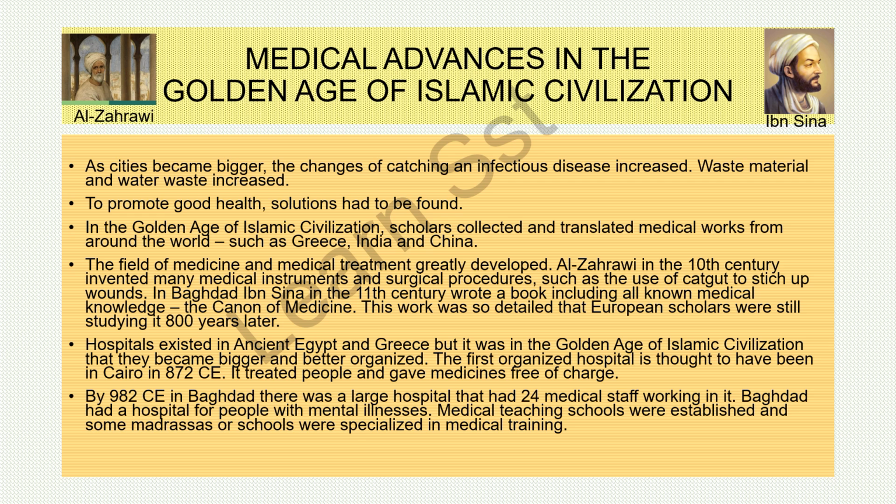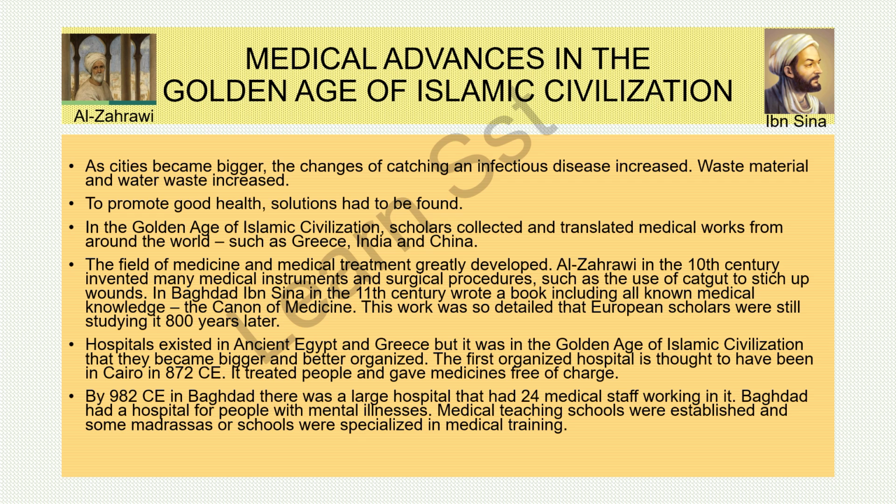Because there was a lot of collection of knowledge from Greece, India and China, and not only the collection of knowledge, but it came along with the translation of the books into the Arabic language, so that the people can understand and then take science and technology one step further. The field of medicine and medical treatment greatly developed.